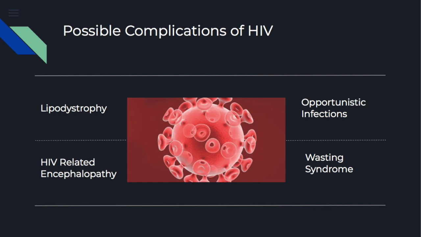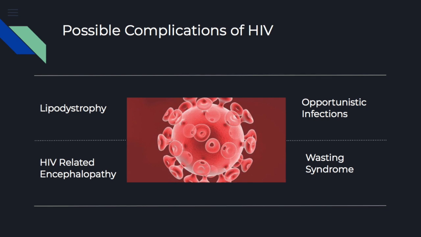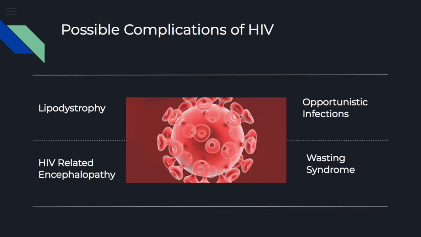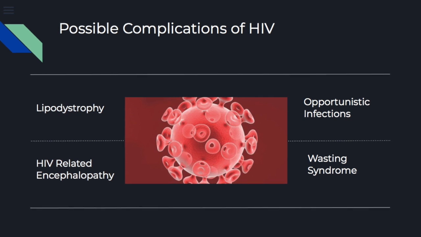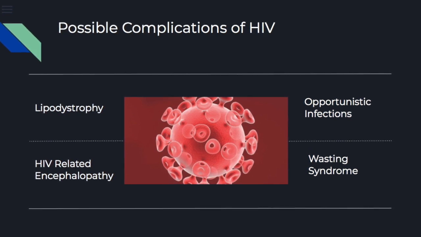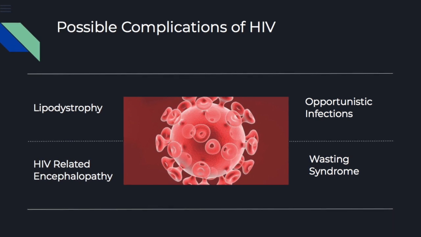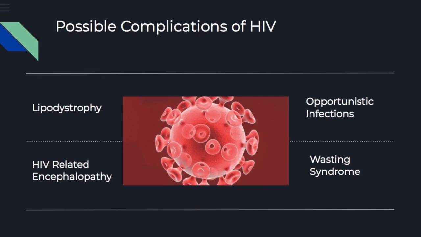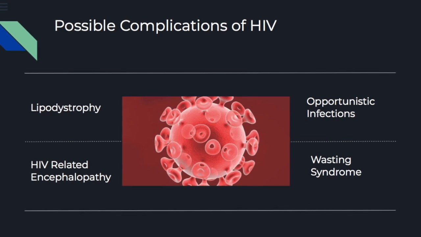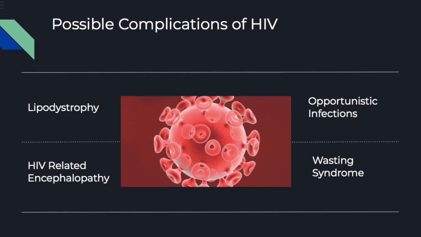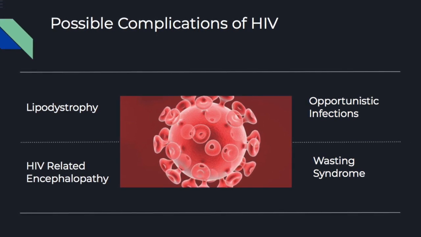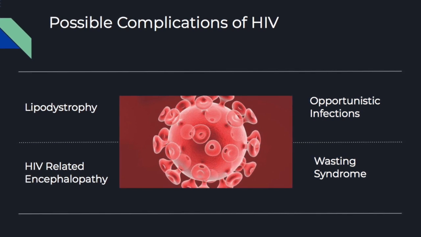So some possible complications of HIV include lipodystrophy. That refers to the change in body fat that affects some people with HIV. It can include a buildup or a loss of body fat. Another complication that can occur is known as wasting syndrome. Wasting syndrome causes a weight loss of more than 10% of your normal body weight, and it is unknown why it occurs.